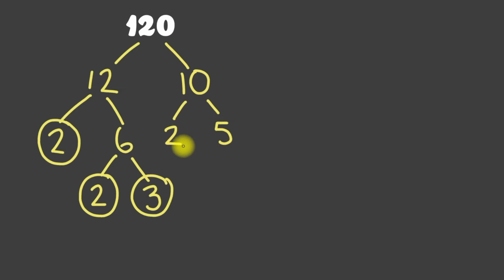Is 2 a prime number? Sure is. So we're done with this branch. And is 5 a prime number? Absolutely, because it can only be divided by 1 and itself, which is 5. Looks like I'm all out of branches, and that means I'm done with my factor tree.